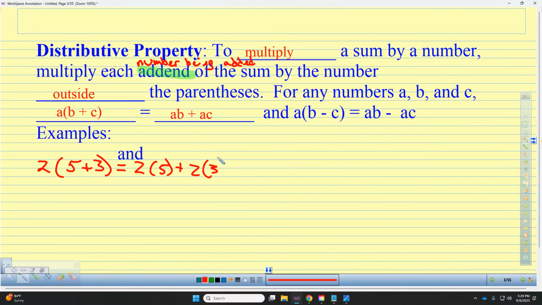For the subtraction, we could say 2 times the quantity 12 minus 2 is equal to 2 times 12 minus 2 times 2. So those would be examples of distributive property, and we'll talk more about those later on.